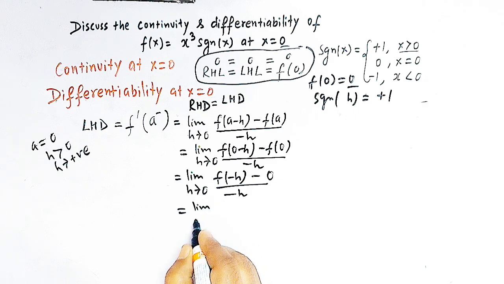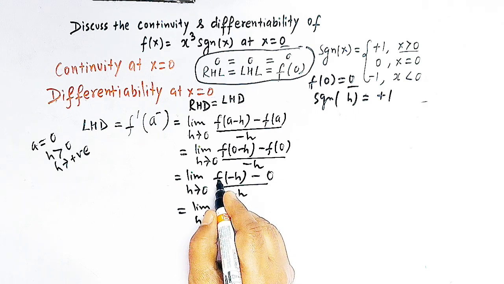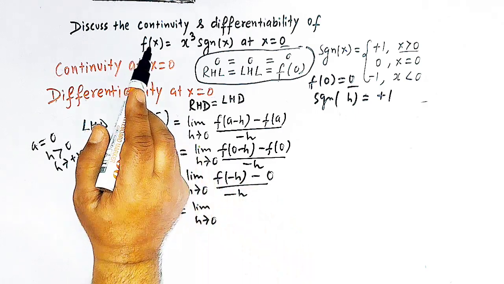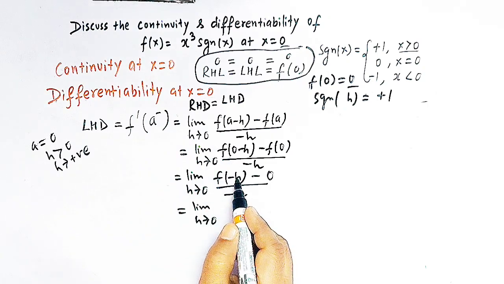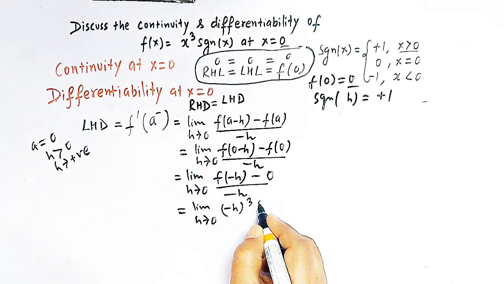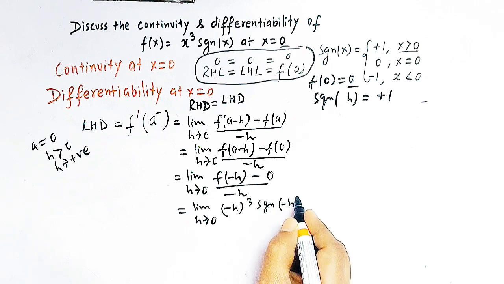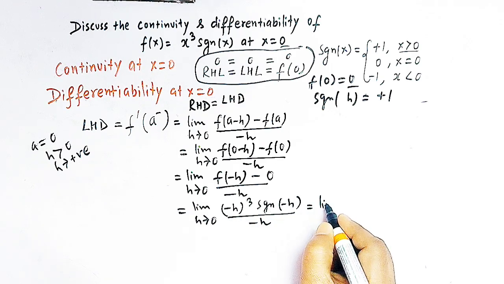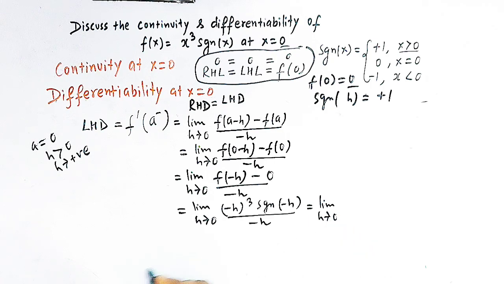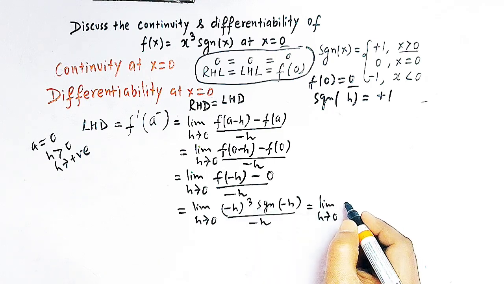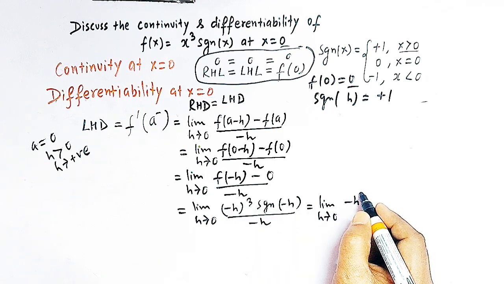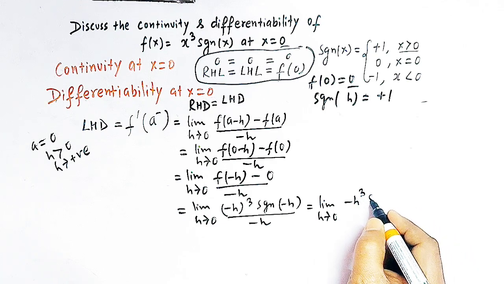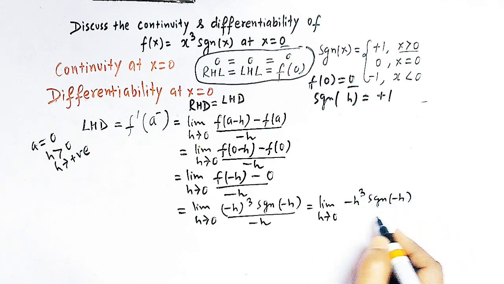Now f of minus h can be obtained by replacing x by minus h. So we have minus h cube times signum of minus h, divided by minus h.